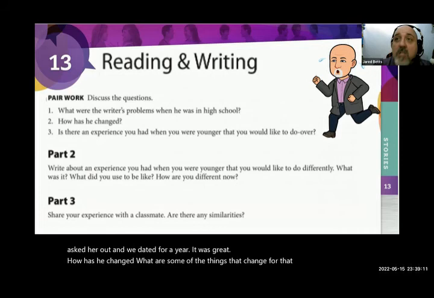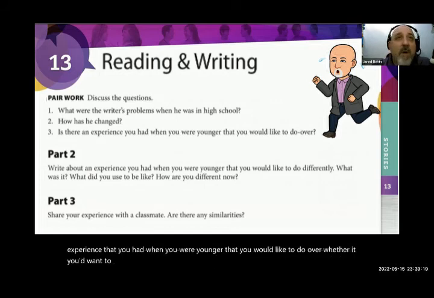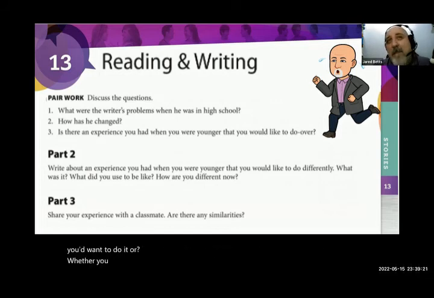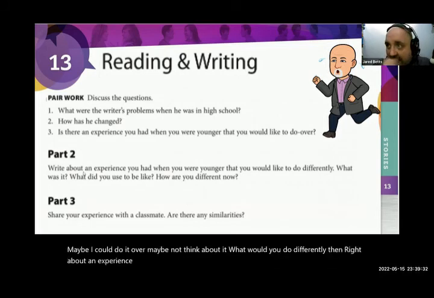And is there an experience that you had when you were younger that you would like to do over? Whether you'd want to do it, or whether you think maybe I could do it over, maybe not. Think about it. What would you do differently? Then write about an experience you had when you were younger and how you would like to do that differently.